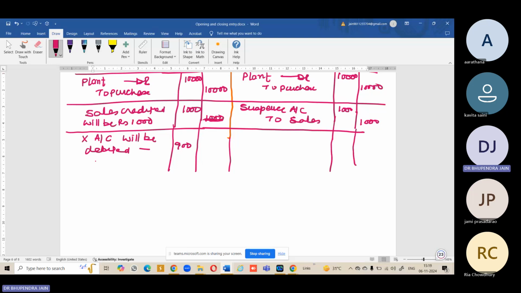If such error occurs after preparation of trial balance, then we will pass the entry X account debit for rupees 900 to suspense account, because the error is a single side error.